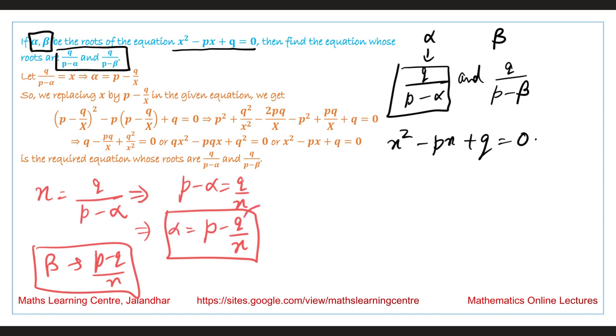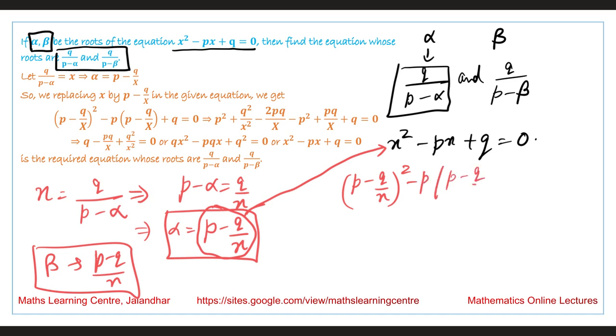So if we replace x by p minus q by x, the answer we obtain is p minus q by x whole square, minus p into p minus q by x, plus q is equal to 0.